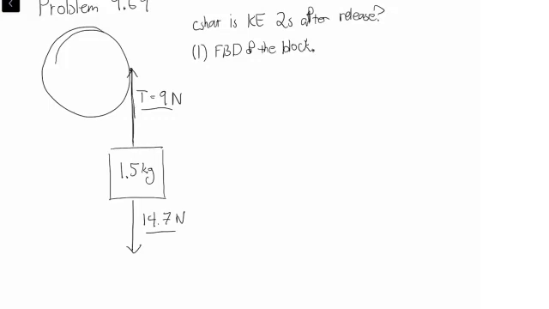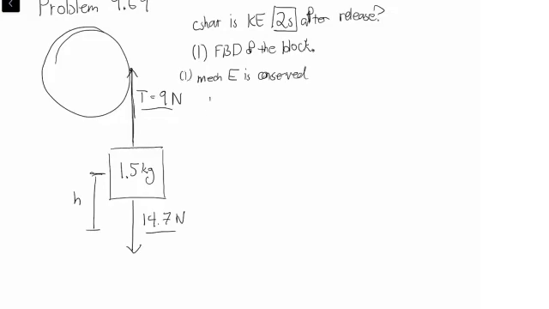There are a bunch of different ways to do these problems, but I want to note the question: what's the kinetic energy at 2 seconds. In general, conservation of energy is very useful if you have objects that move a certain distance. If this block drops a certain distance, I can tell you how much gravitational potential energy was lost and how much kinetic energy was gained, and I know in this system that mechanical energy is conserved.